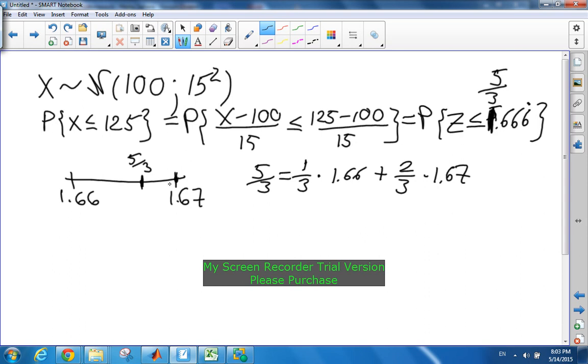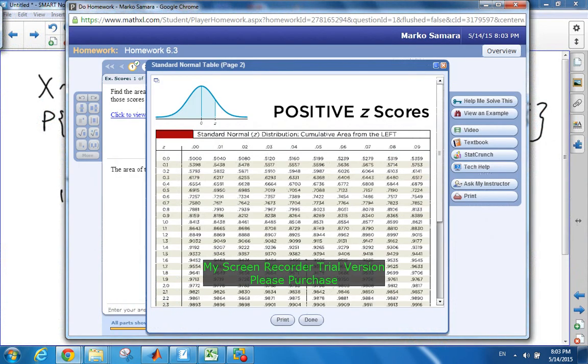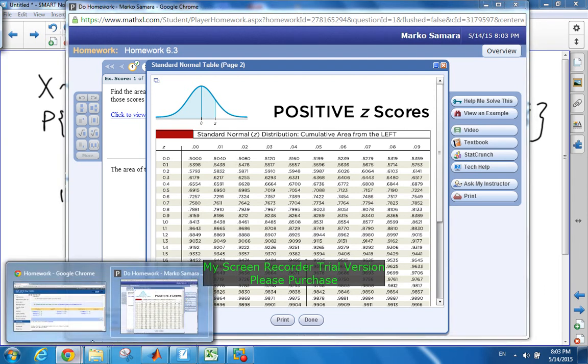So the weight, we should take into account both of these two values, 1.66 and 1.67, but since our number is closer to 1.67, the area will be closer to this one than to this one. So how do we weight that?